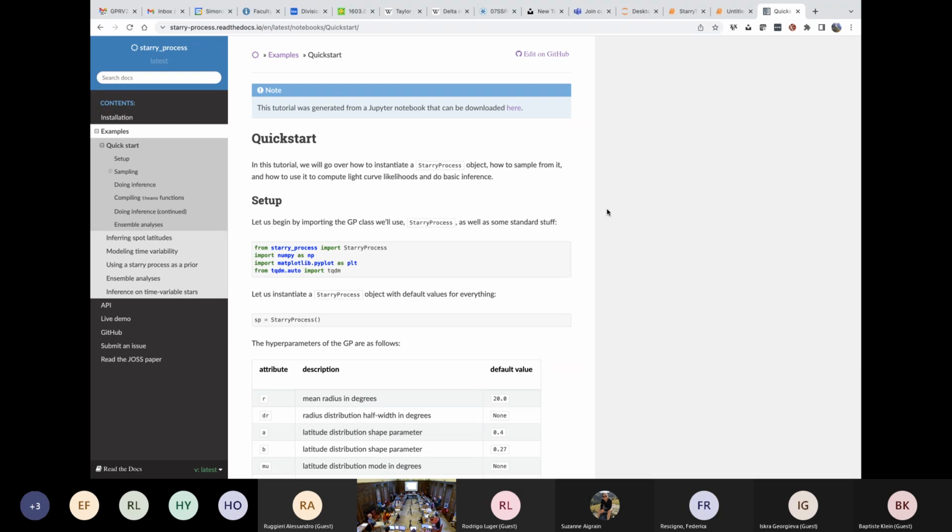One of the issues is that the linear problem accounts for the fact that when you have a spot, your overall intensity in your spectrum is lower, just because the total amount of flux coming from the star is lower.